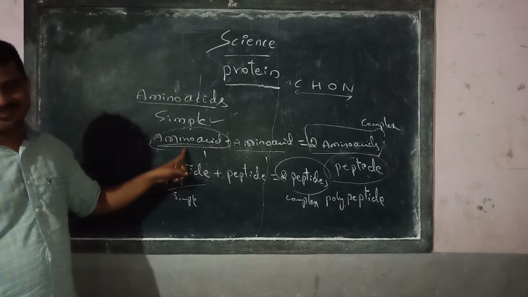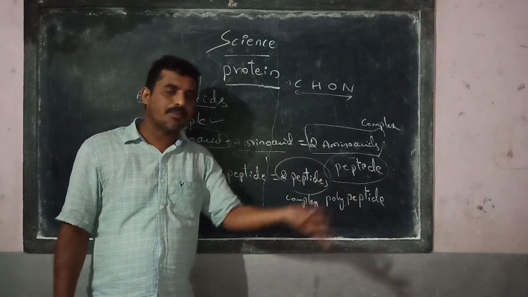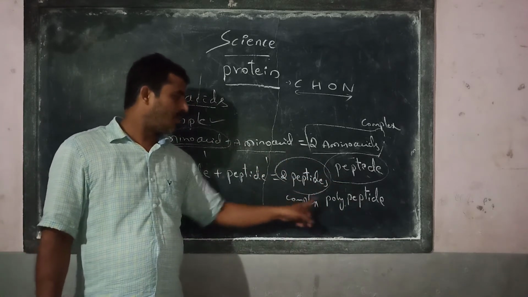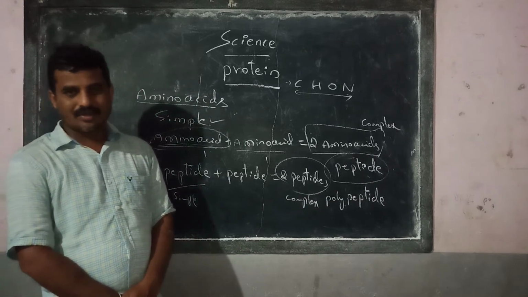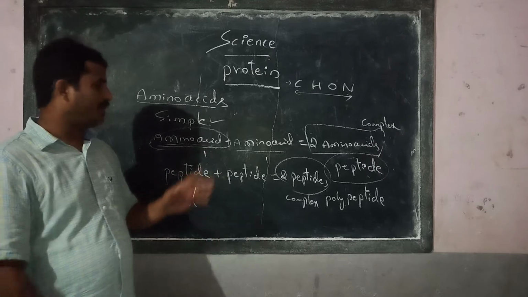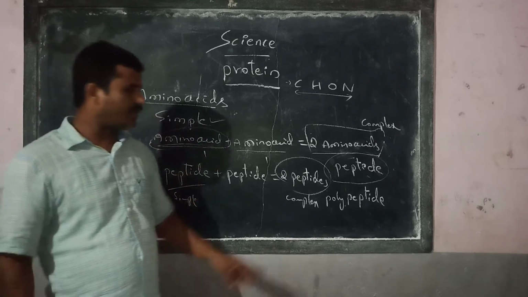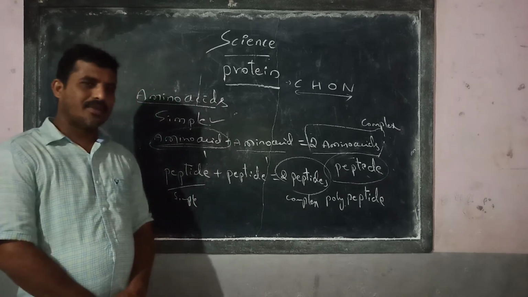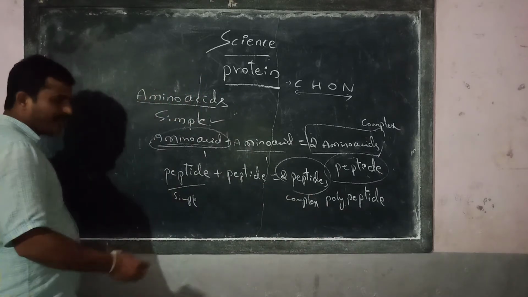Monoprotein, amino acid. Diprotein, peptide. Polyprotein, polypeptide. Understand? One protein unit is an amino acid. Simple protein is amino acid. Complex protein is peptide, and more than that, polypeptide. So now what can we understand?